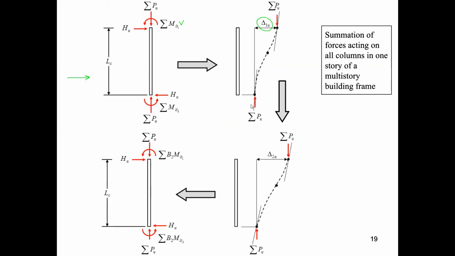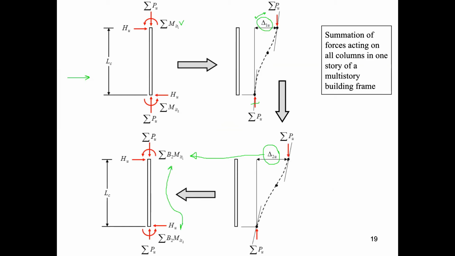The couple, sigma Pu times delta 1u, will cause additional lateral displacement or deflection along the column depth. The final displaced position when the structure reaches equilibrium will be delta 2u. The corresponding magnified moment will be B2 times sigma MLT.